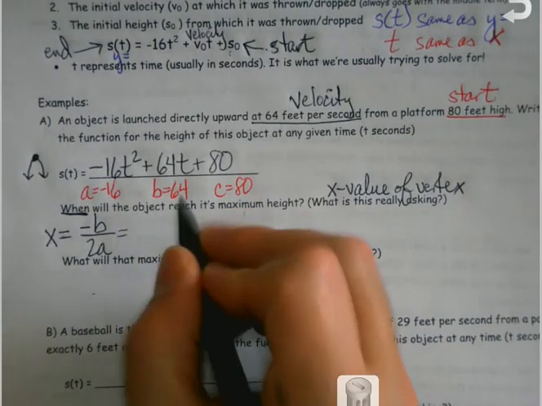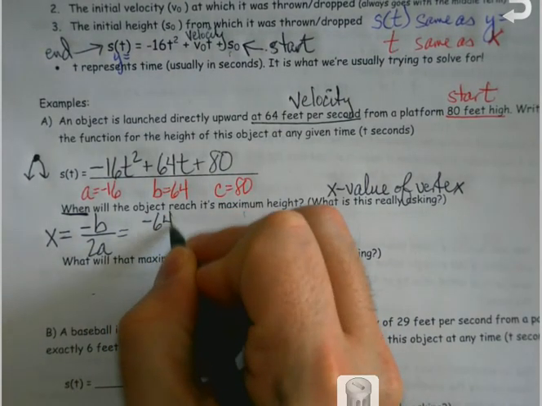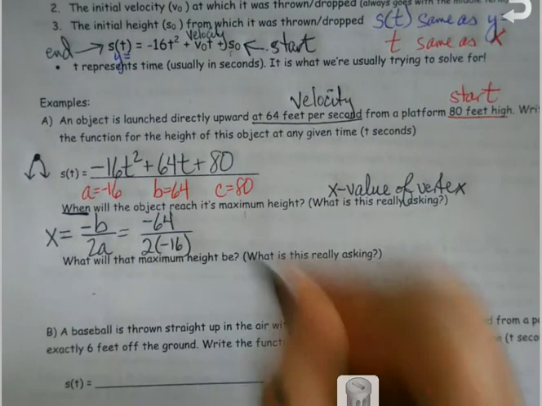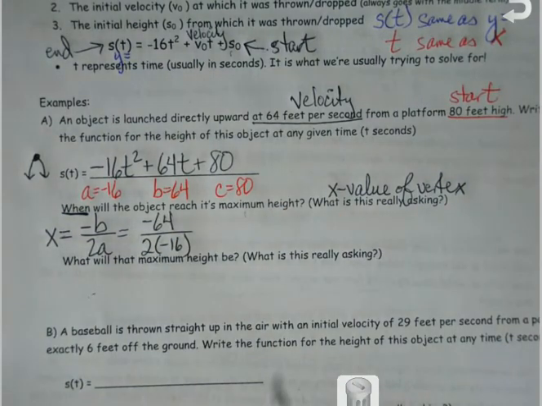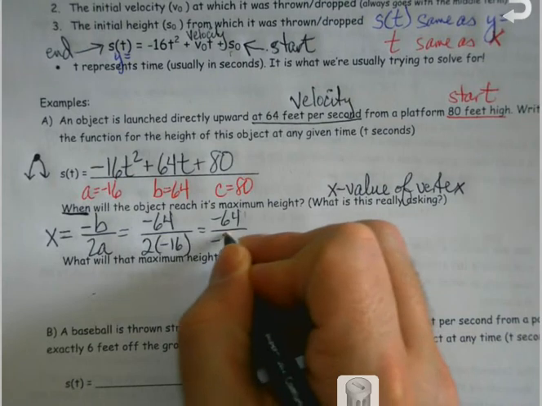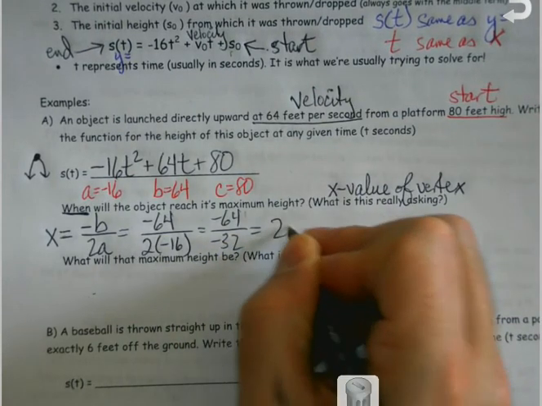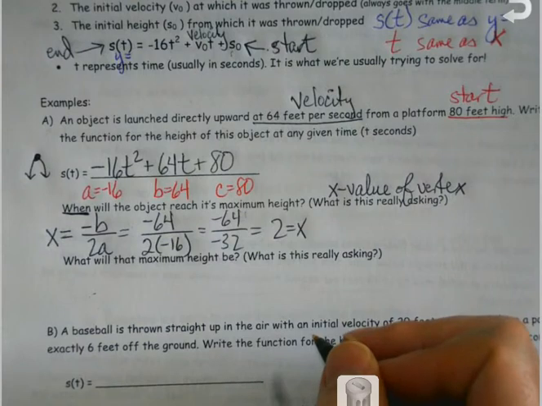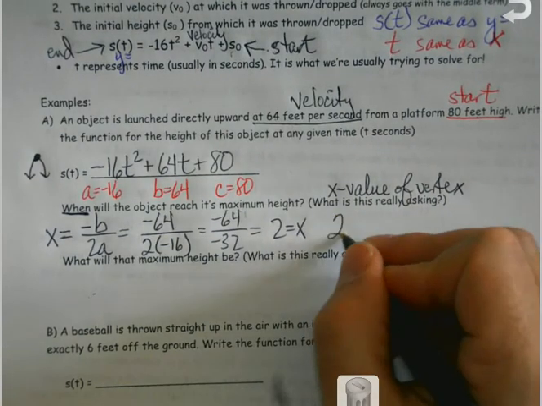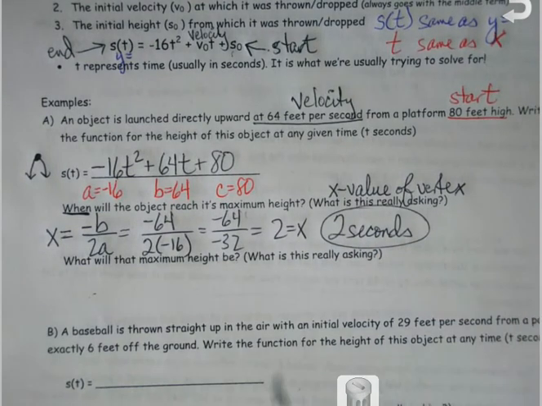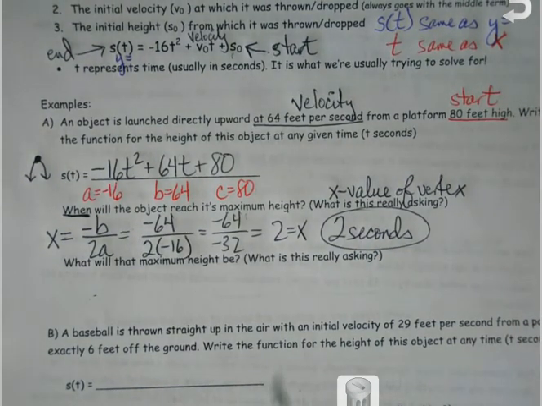So I go, okay, negative B, negative 64 over 2 times A. So let's see here. 2 times 16 is 32. Okay, so I get x equals 2. Now, in our case, that means it will take 2 seconds for this object to get to its maximum height.